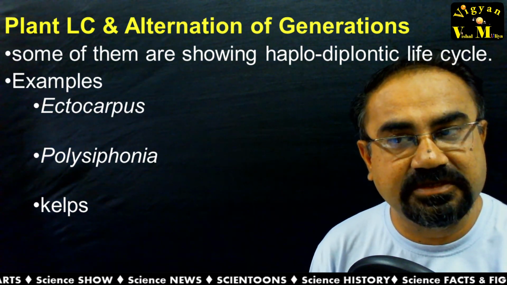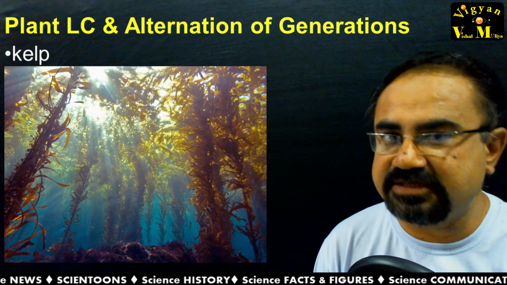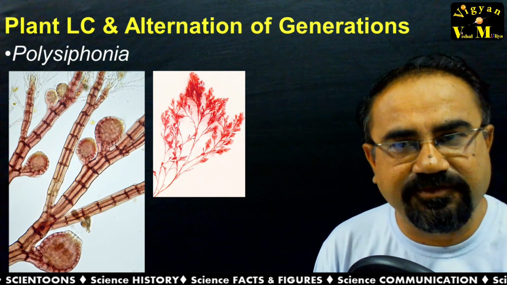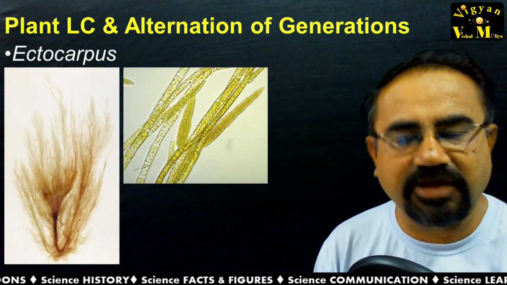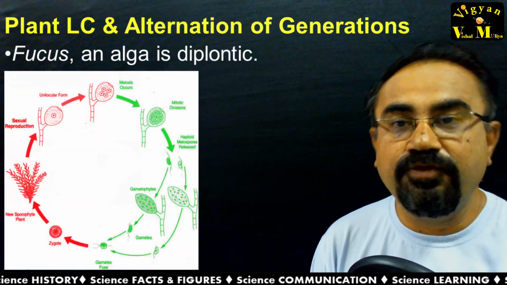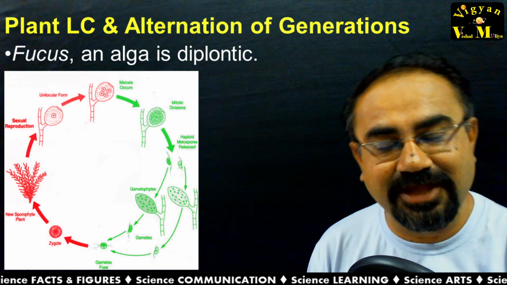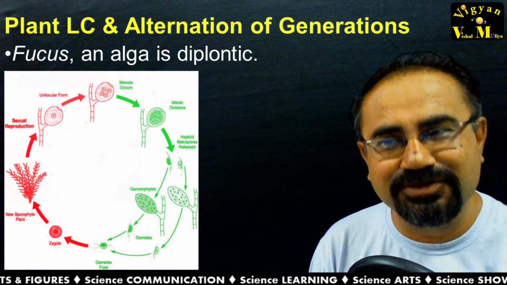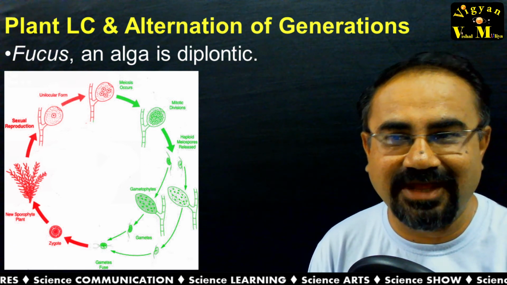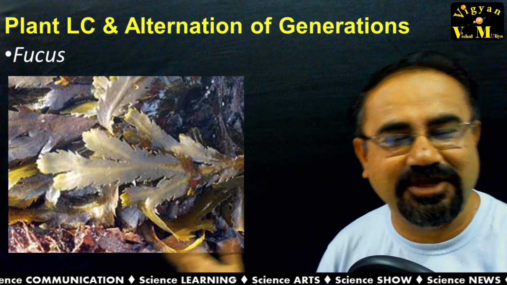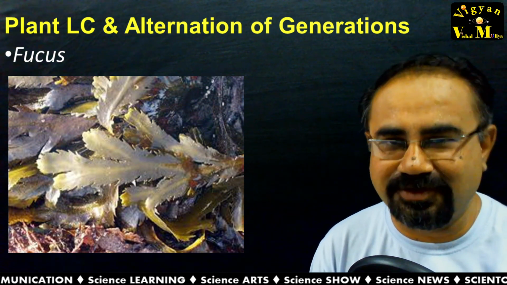Here you can see the kelps, Polysiphonia, and Ectocarpus also. Fucus is the one which shows the diplontic life cycle. Here the haploid phase is very reduced, so a diplontic life cycle is there, and Fucus is something special you can see here in the photograph.